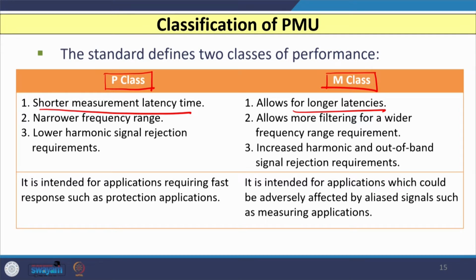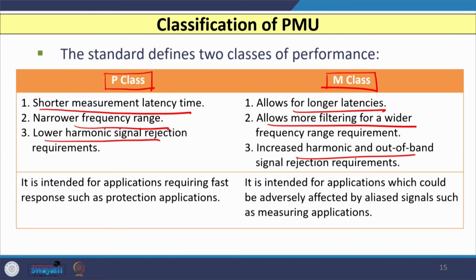The second point is that the frequency range is narrower in P-class, whereas the M-class PMU allows more filtering for a wider frequency requirement. The third point is that P-class PMU has lower harmonic signal rejection requirements, whereas in M-class PMU this requirement is increased, and out-of-band signal rejection requirements are also there.